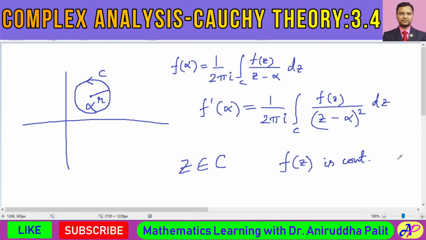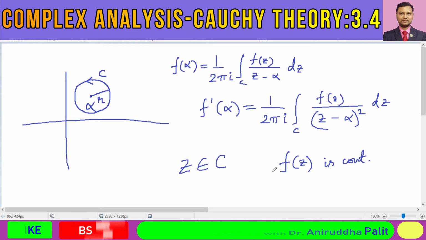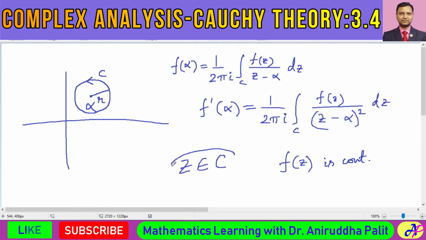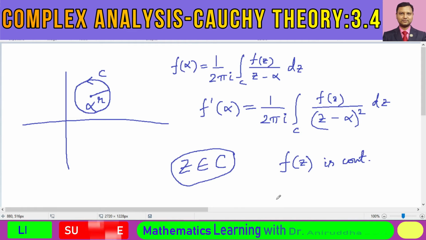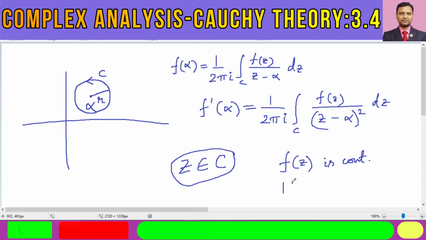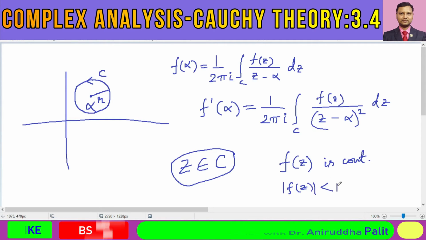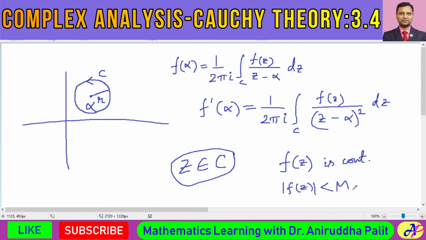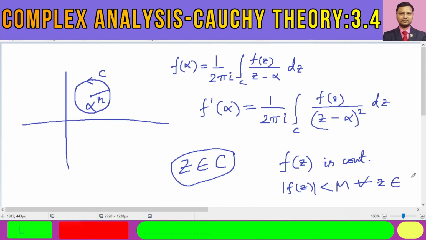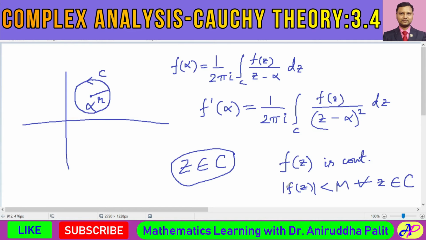And we know that a continuous function defined on a bounded and closed set is always a bounded function. That means modulus of f of z is less than a certain finite number small m for all z belonging to this curve C.